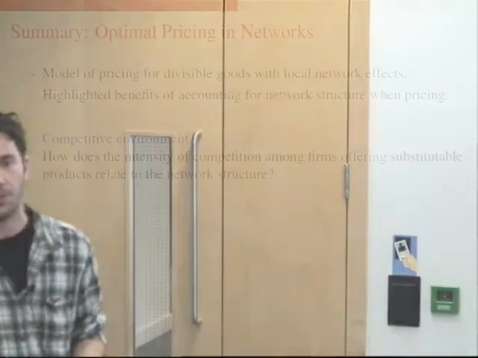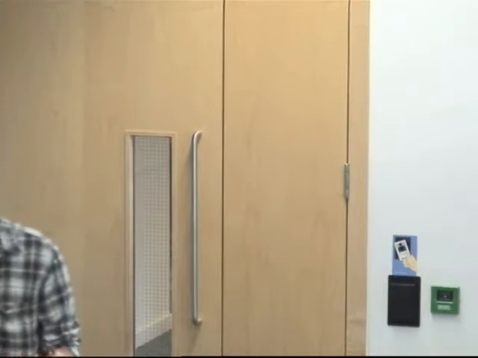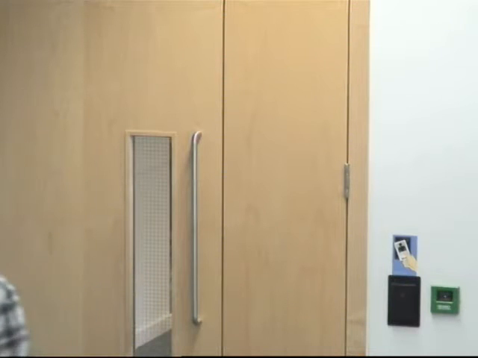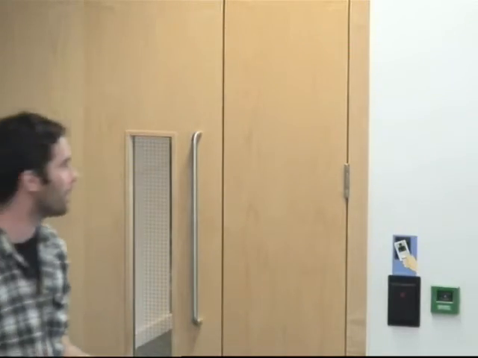Future directions include doing the same thing in a competitive environment. Suppose now you have two firms competing over consumers, and the good that they're offering exhibits strong network externalities. How does the intensity of the competition between the firms depend on actual network properties of the consumers?